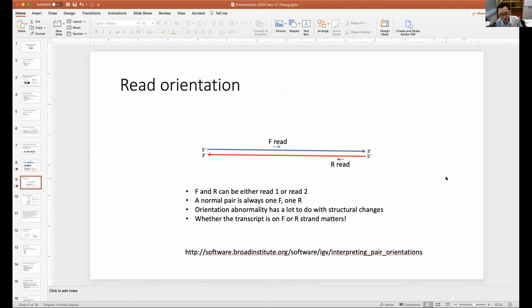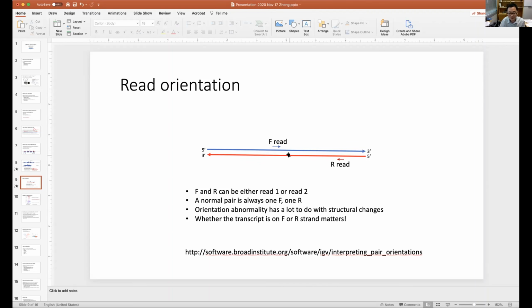So if you look at these short reads, assuming we're doing this paired-end resequencing, you really have to imagine this as two strands of DNA. One is from 5' to 3' direction, and the other is again from 5' to 3' direction.